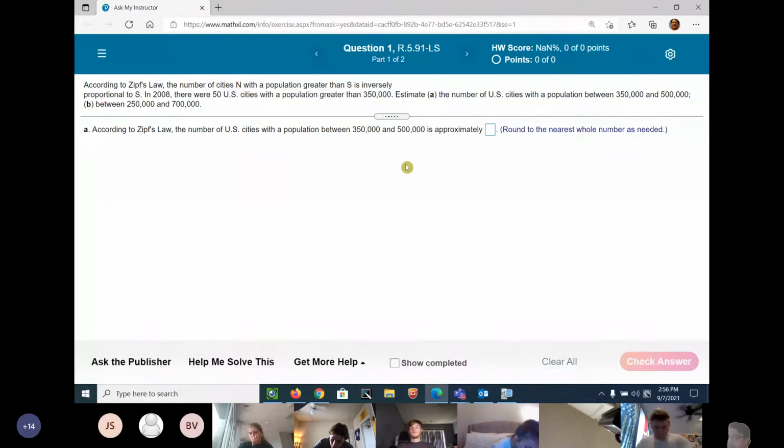Yeah, I saw that one last night, and I just kind of went past it. Population greater than S, I don't understand. I understand the S part. I just don't understand how they're supposed to. The number of cities with a population greater than S is inversely proportional to S. There we go. Inversely proportional to S. Okay, there we go.